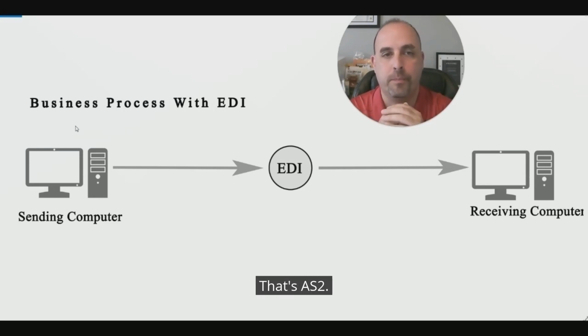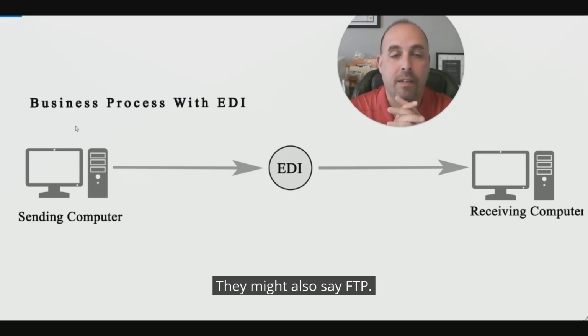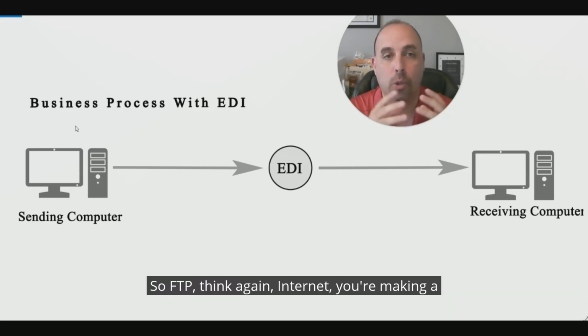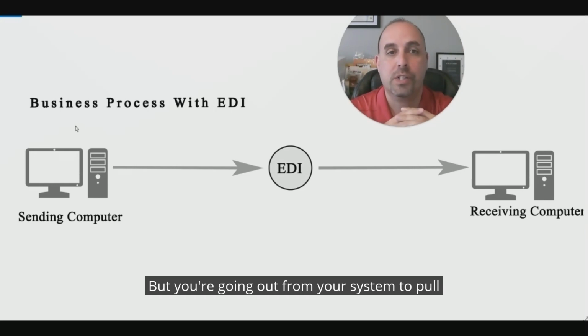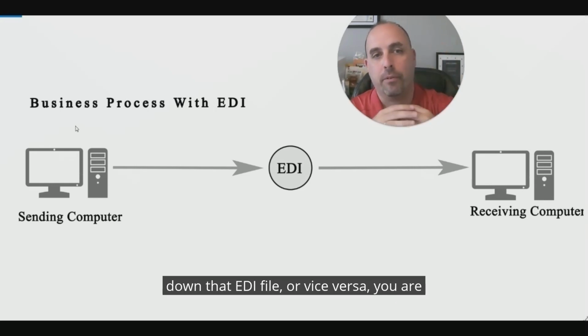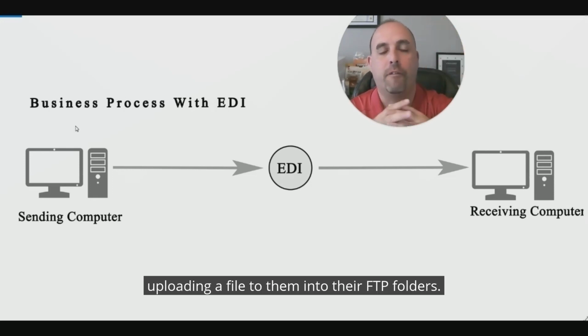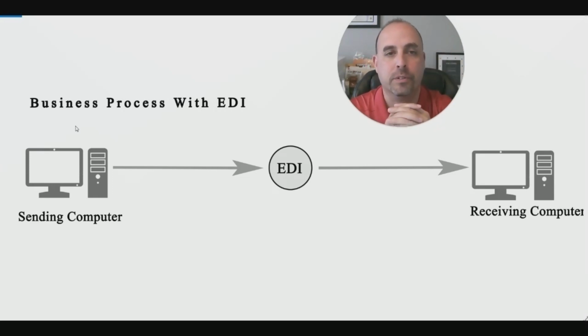They might also say FTP. FTP, think again, internet. You're making a connection, but you're going out from your system to pull down that EDI file, or vice versa, you're uploading a file to them into their FTP folders.